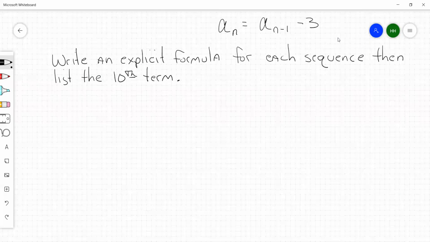All right, so an explicit formula, we got 4, 5, 6, 7, 8. Let's go down a little bit here. Now, you got your term numbers. You got term 1, 2, 3, 4, 5.